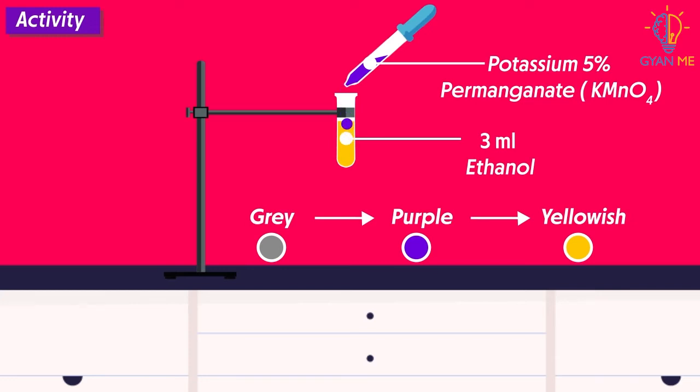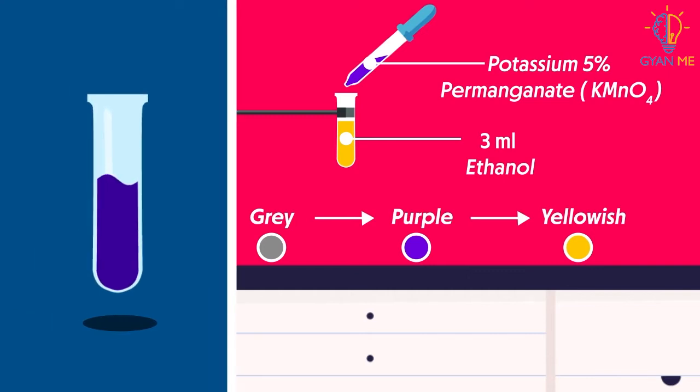Does the color change occur any further? No, isn't it? Yes. But why is this so? We observed that the solution initially changed from purple to yellowish brown. But after that, on adding more KMnO4, there is no color change.